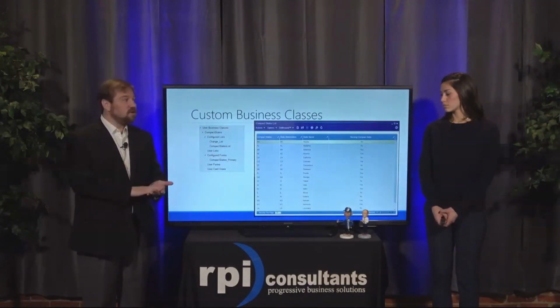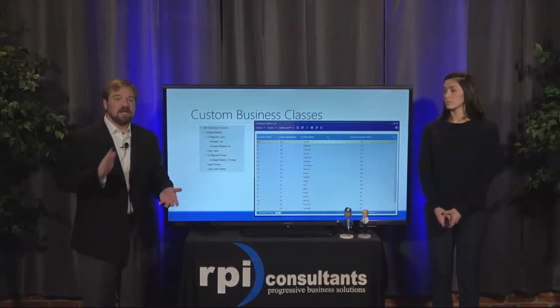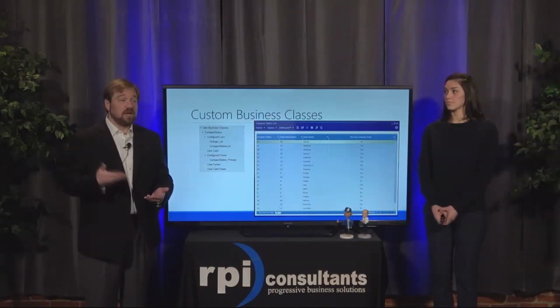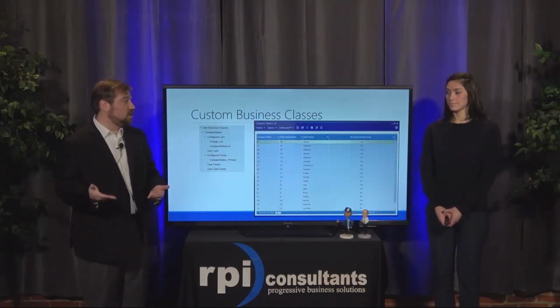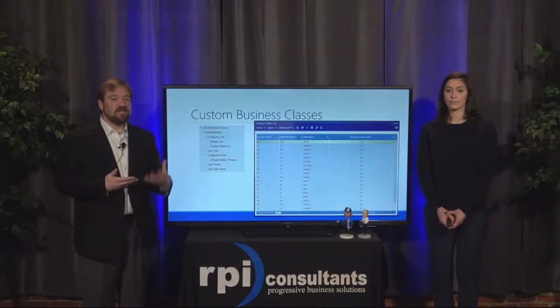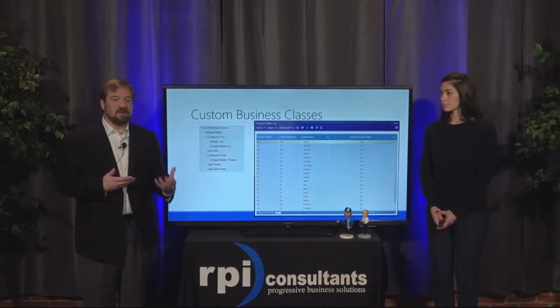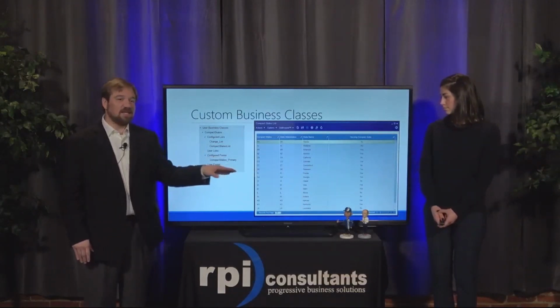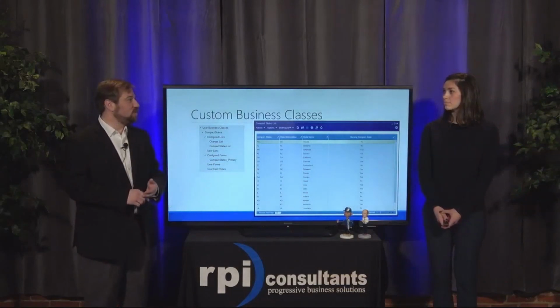But here is a pretty good one. I'm working with a client right now who's in healthcare, and their nurses belong to something called a nursing compact. So if I'm licensed, say, in the state of North Carolina, I'm actually able to also work as a nurse without getting my license in one of these other states. But there wasn't a way for us to track that in the system. We tried at first to just tag it onto the state, but it was a business class we weren't able to modify.